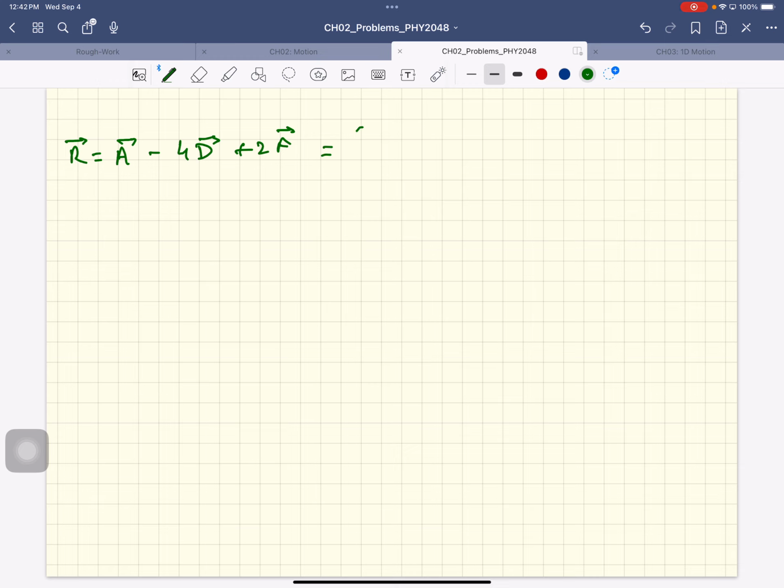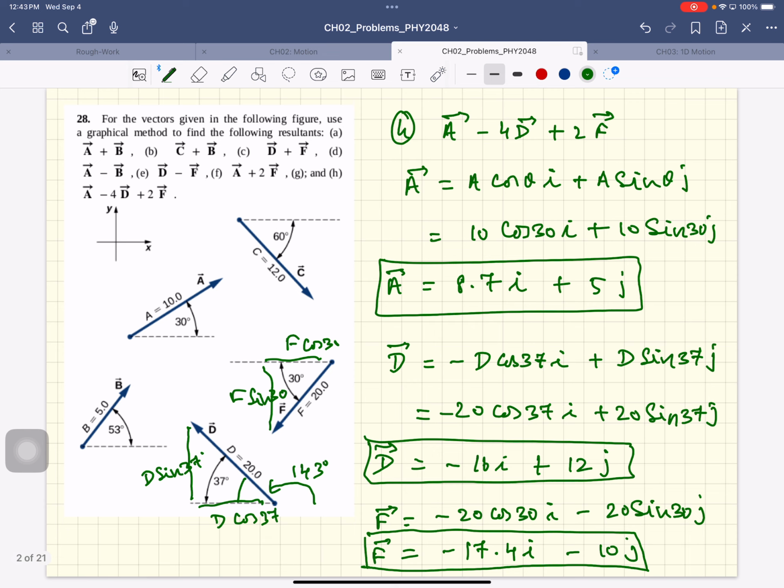The x component of that is Ax minus 4Dx plus 2Fx, i, plus Ay minus 4Dy plus 2Fy, j. Of course, if the vectors had a third component, a z component, you would have a corresponding formula for the z component.